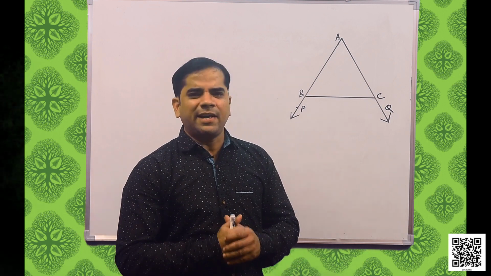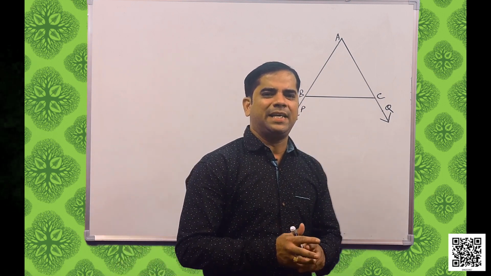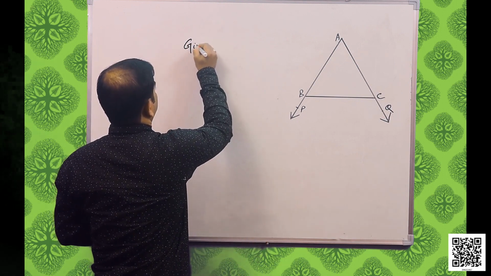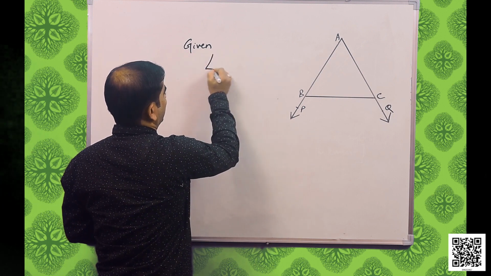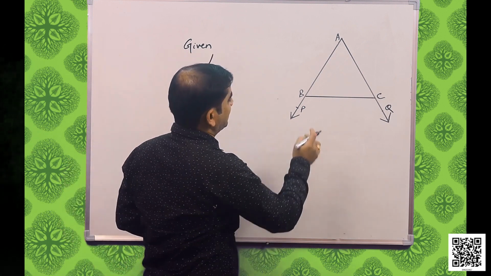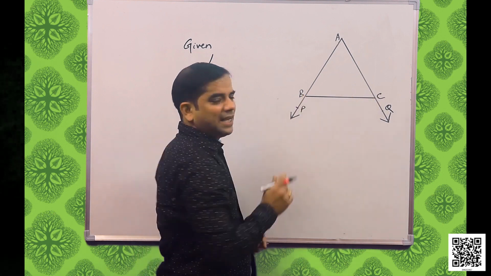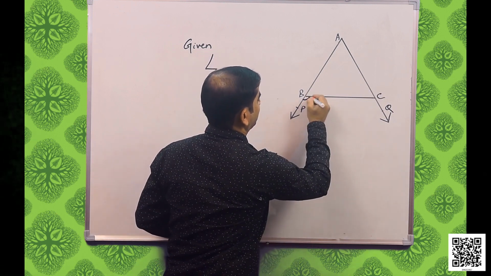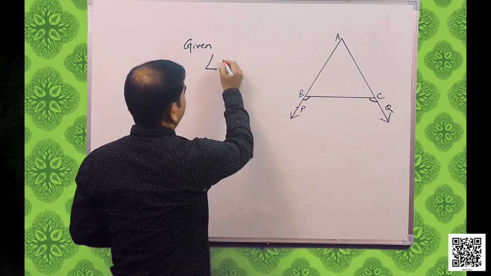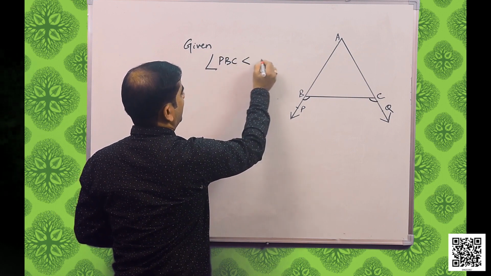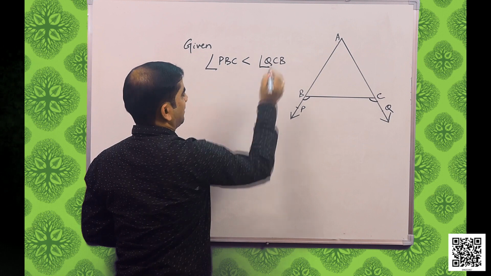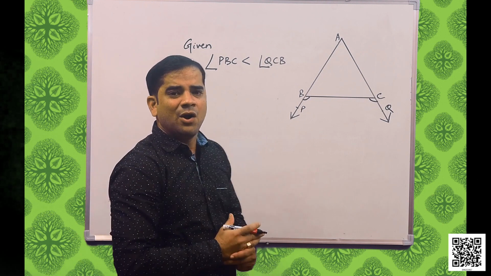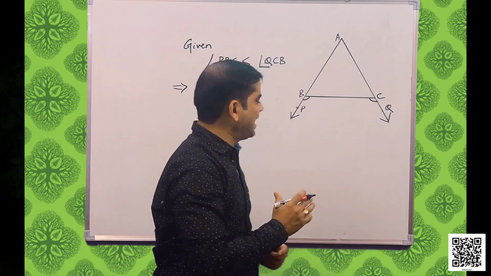Okay. What is given? Given that angle PBC is smaller than angle QCB. These two angles. That implies 180 degrees minus angle ABC.